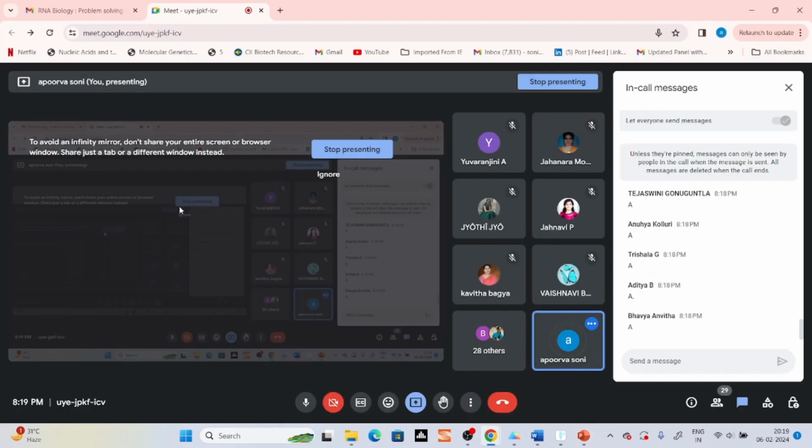Think. I want the explanation. If you are saying A, then what is the explanation? Aditya, Bhavya, Trishala, Tejaswini, Anuya. Can anybody give me an explanation? Aditya, can you tell me why you have chosen A as the option?